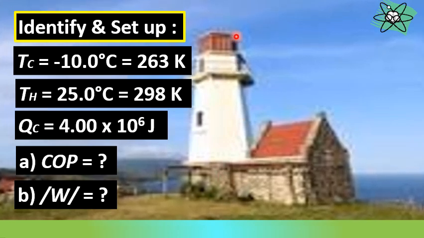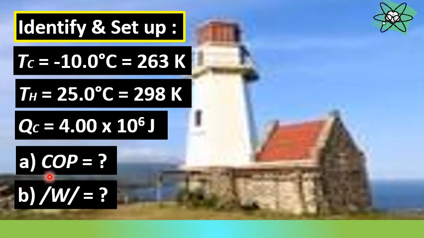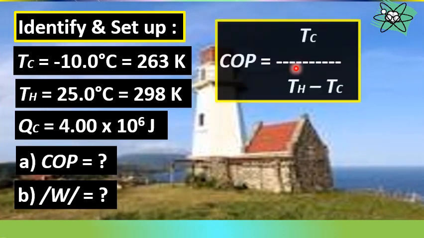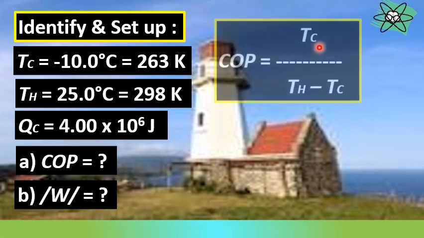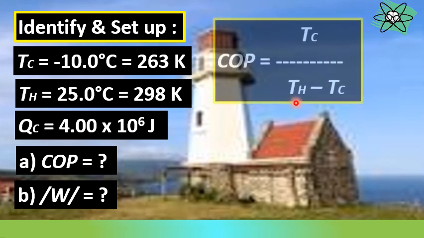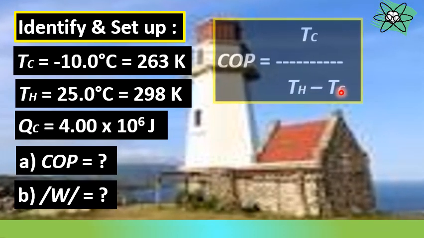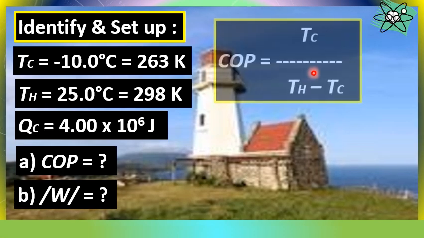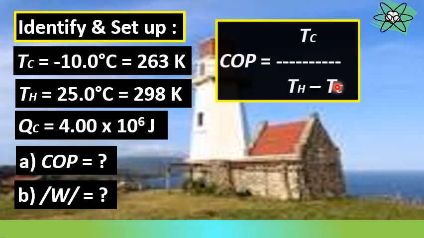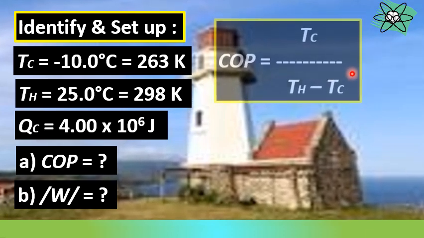So the formula that we're going to use in computing COP is just to divide the temperature T sub C by the difference in the hot temperature minus the cold temperature, or T H minus T C. Since T H is greater than T C, we expect the value for the coefficient of performance to be greater than 1.